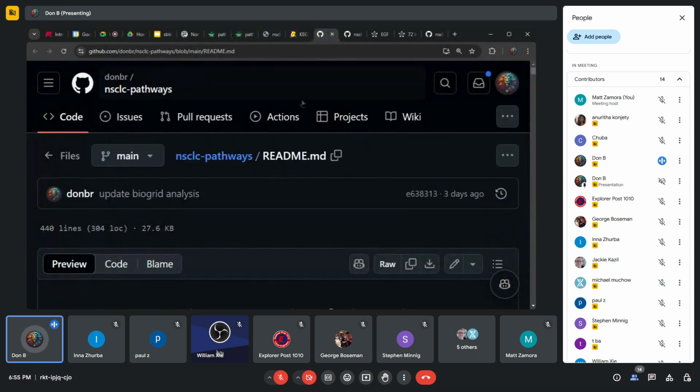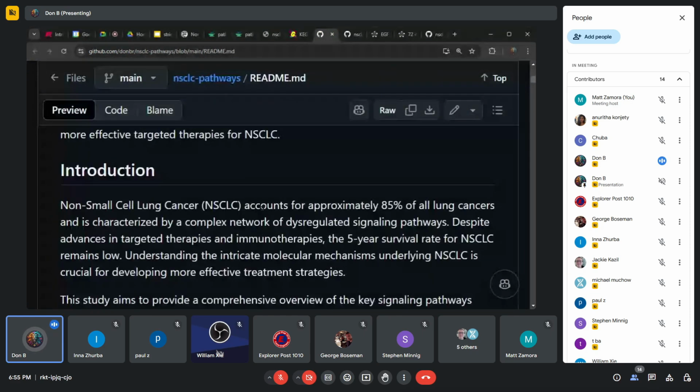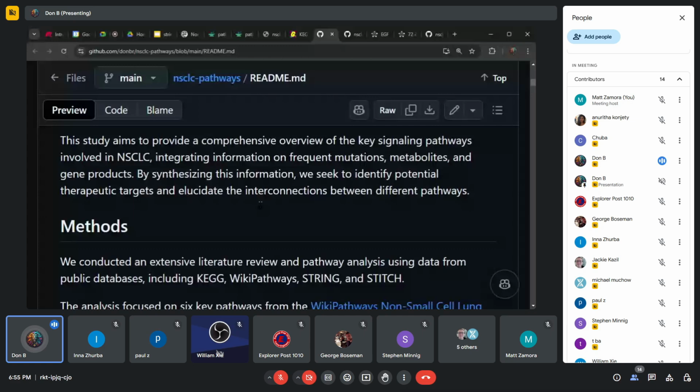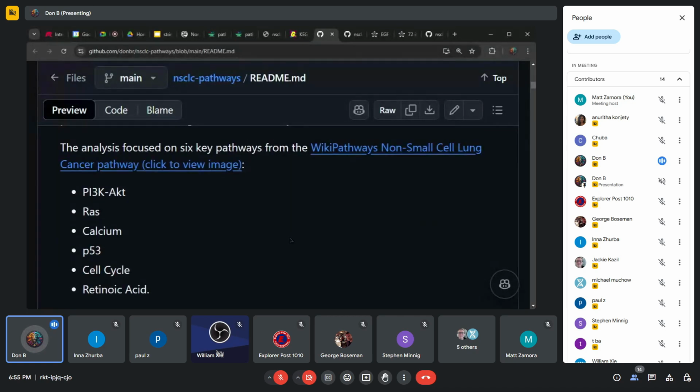What I will say is that there is a README file in a GitHub repository where I've highlighted it. There's a link here to the WikiPathways diagram that I'm showing, that you can see on your own desktop.